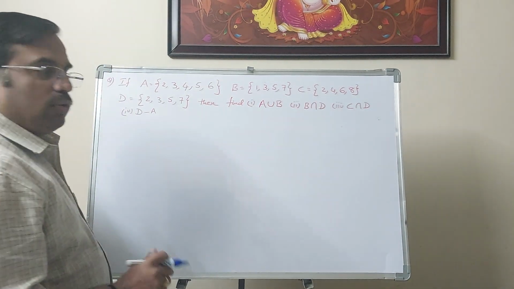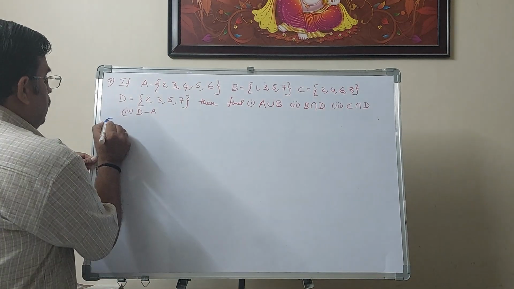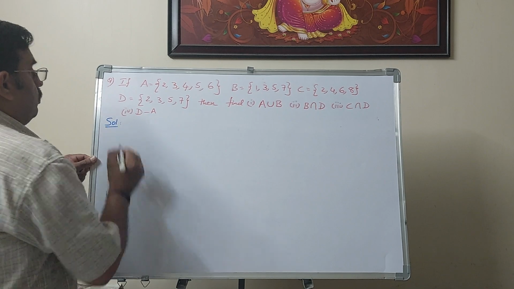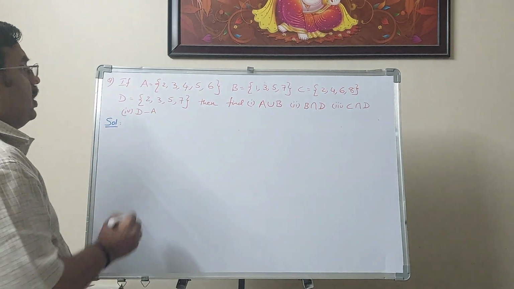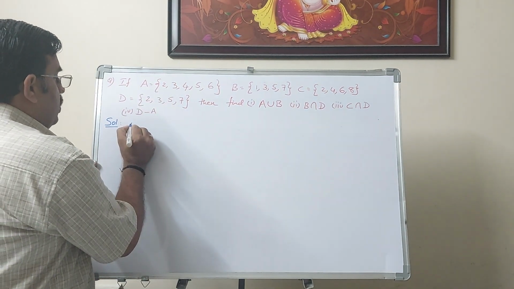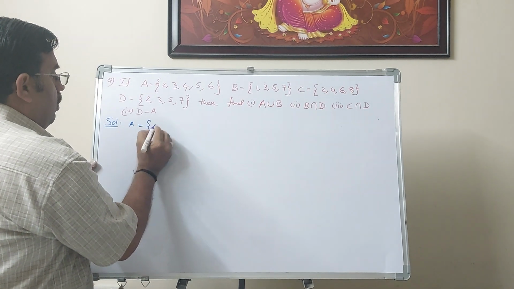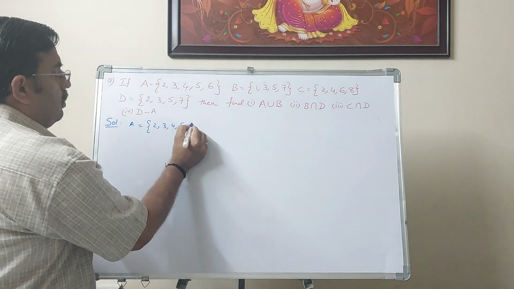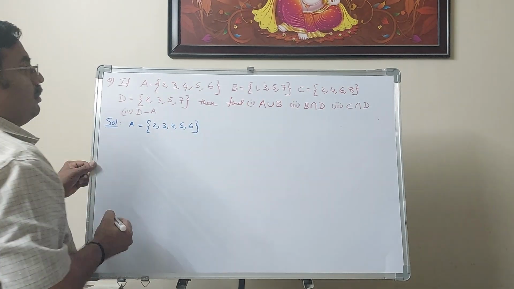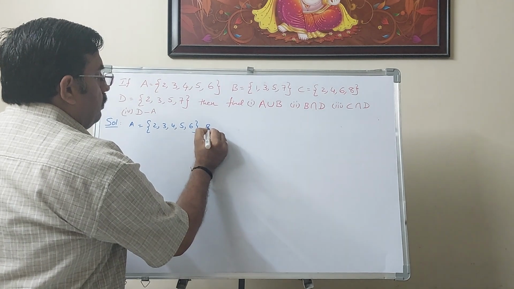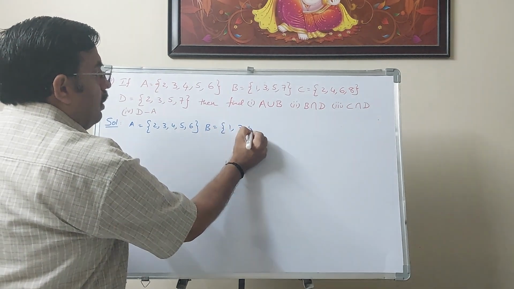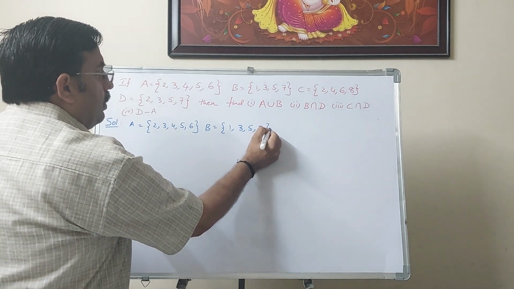So, how to solve this question? This is the solution. Here, what was given? A is equal to {2, 3, 4, 5, 6}, and B is equal to {1, 3, 5, 7}.